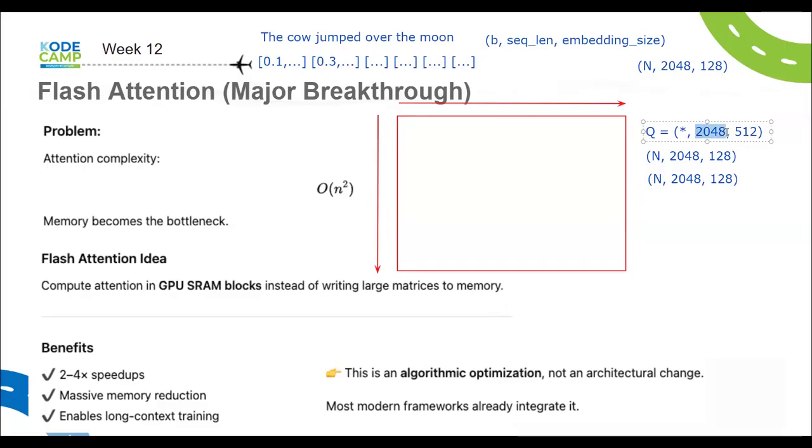In other words, the maximum number of words or tokens that my model can consume, ingest, and do inference on is 2048 tokens. So we now have a Q, and then we have the K as well. Again, I'm going to just replace the batch with a star.